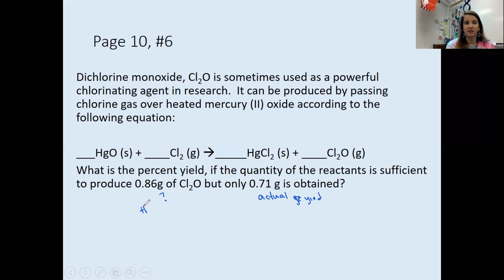So that means that is our theoretical yield. So when we calculate our percent yield, we'll take that actual 0.71 grams, divide it by our theoretical, and times it by 100. Okay? The answer's in the packet.